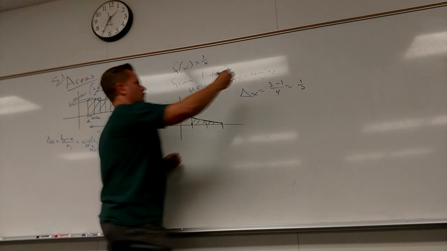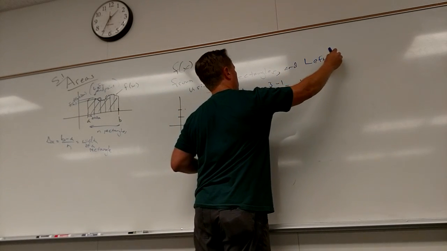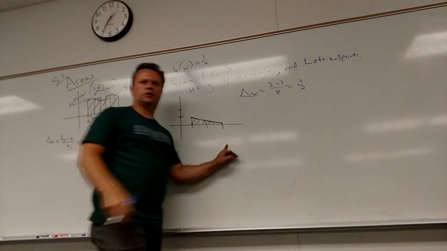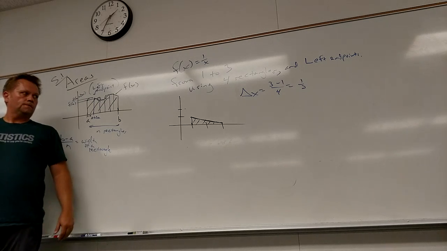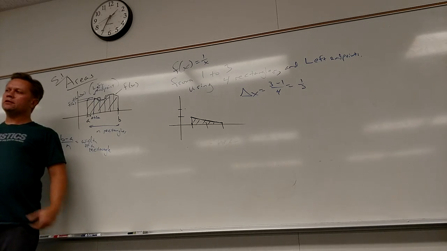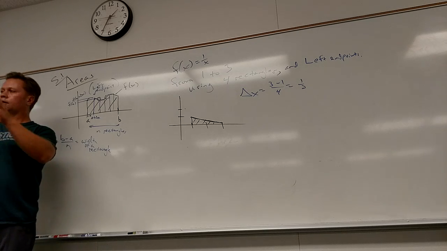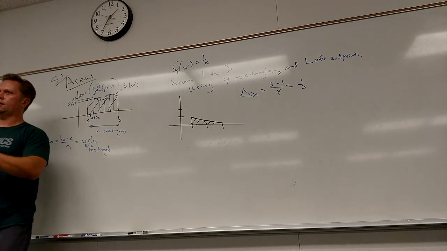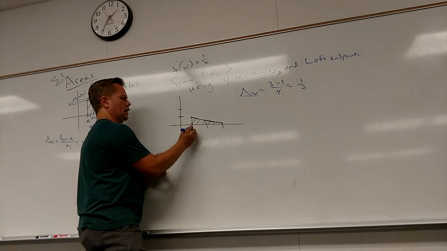Let's say using 4 rectangles, and let's do left endpoints first. I'd have to say in the instructions which approach to use. I picked this function for a reason, because it's really clear which one's an overshoot and which one's an undershoot. What do I mean by that? So here's our a.